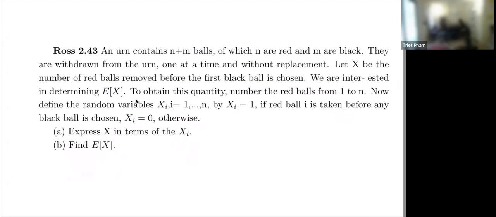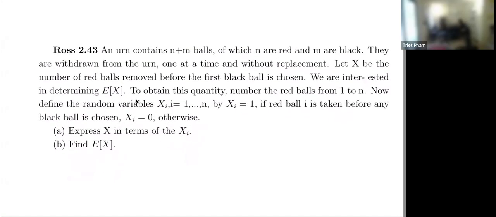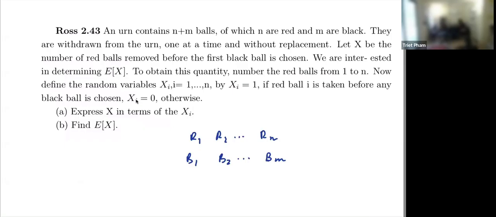So let's look at the context here. A good way to model this scenario is to say that we have balls that are labeled R1, R2, up to Rn, red, and B1, B2, up to Bm, mixed in a random sequence.